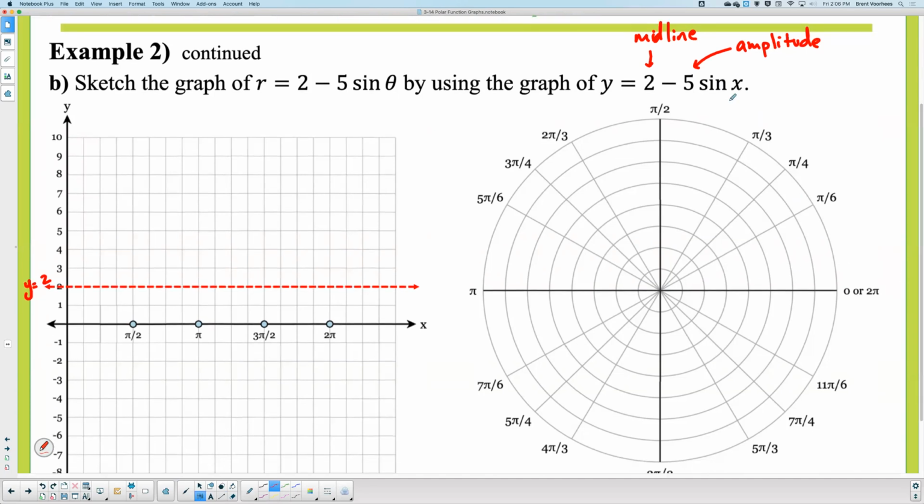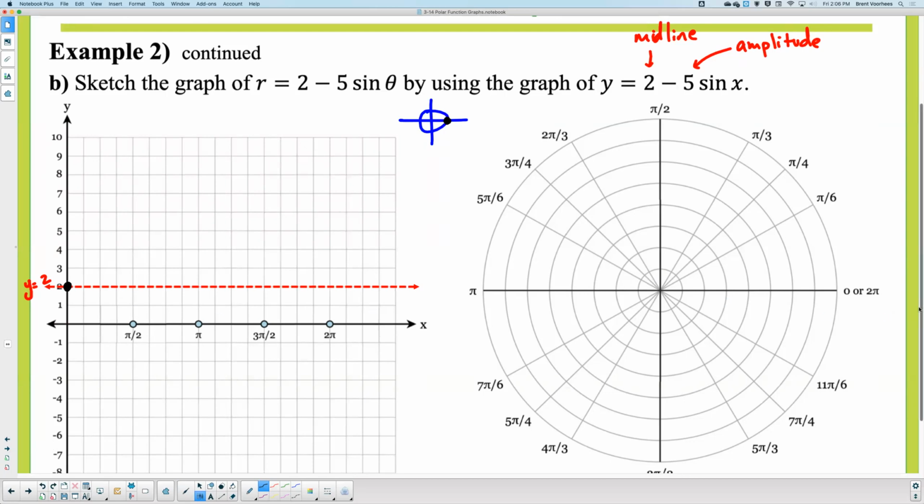Now tell me about sine. Does sine begin at its maximum, or does sine begin at the 0, the midline? Sine is y, so when we begin here, sine is at its midline or its 0 value. So we're going to begin right there. Put a dot right there. So at 0, let's translate this.